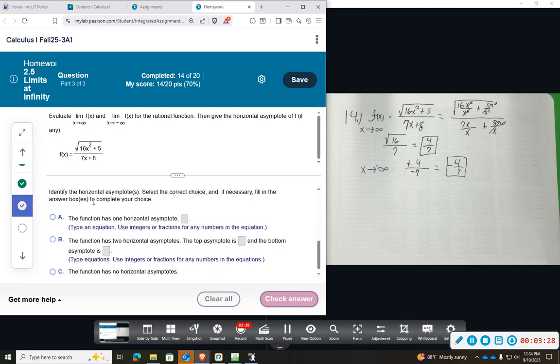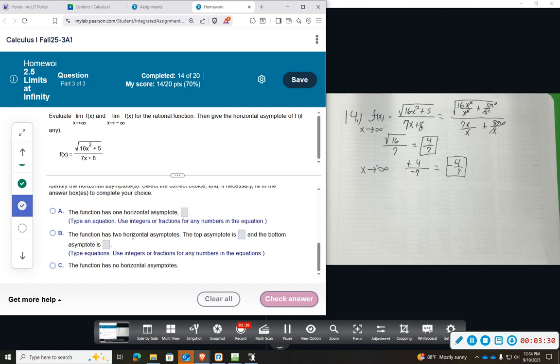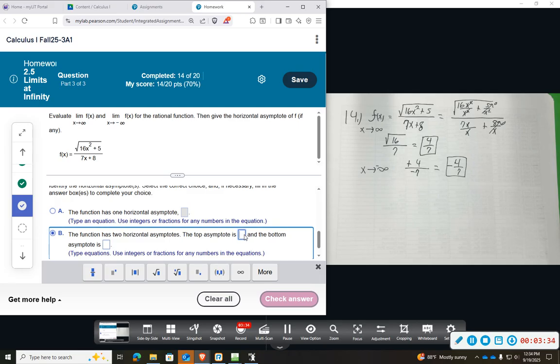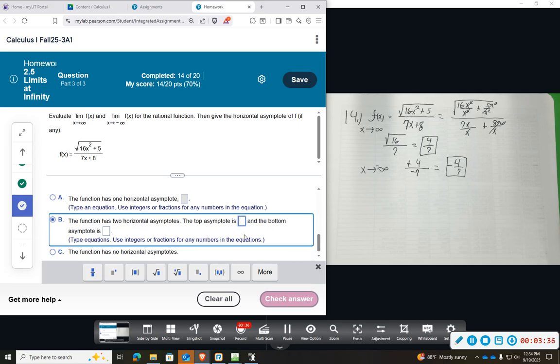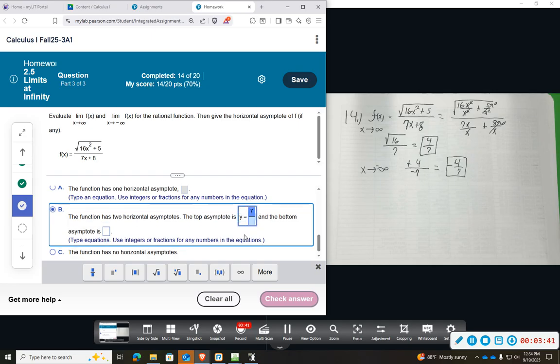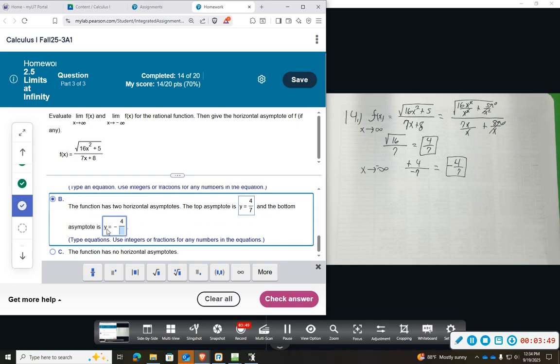And we would say the function has 2 horizontal asymptotes. The top one is y equals 4 divided by 7, and the bottom would be y equals negative 4 divided by 7.